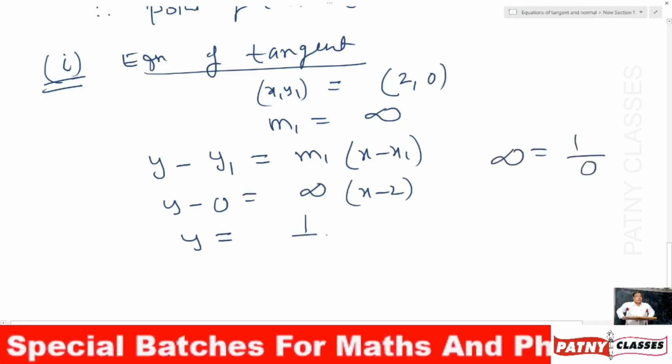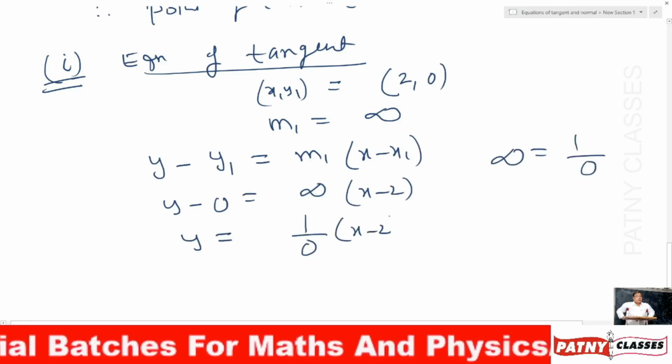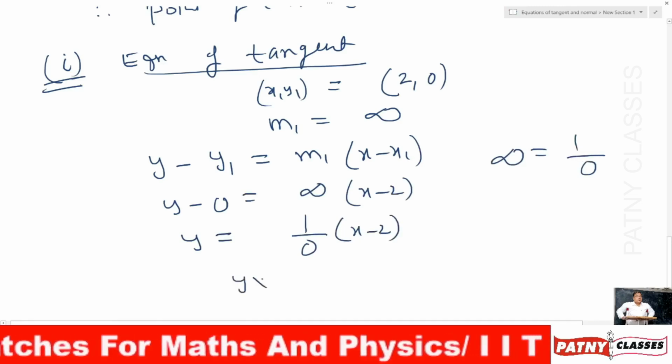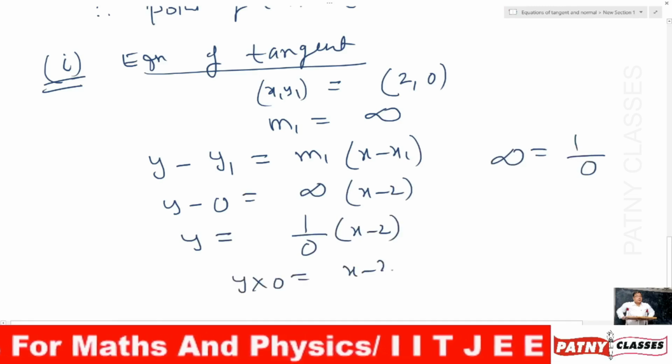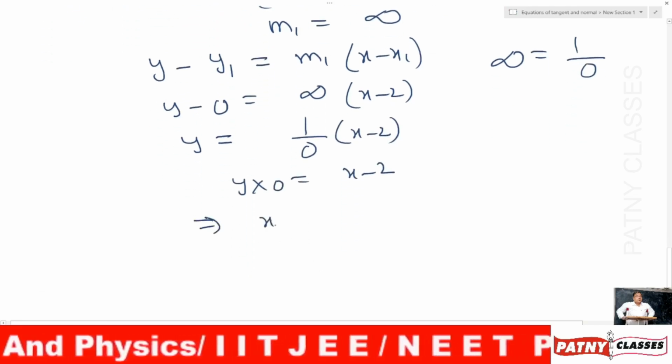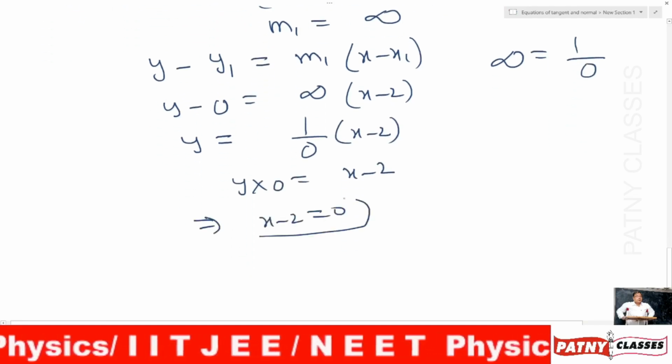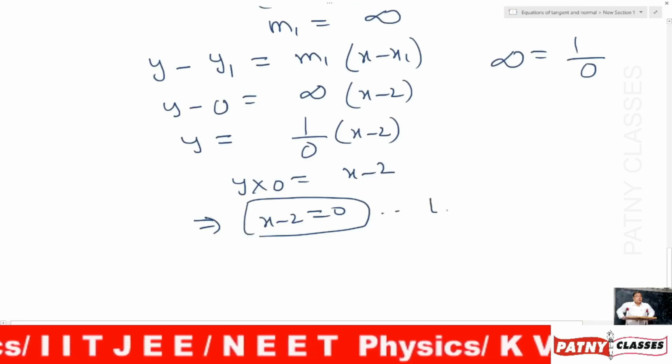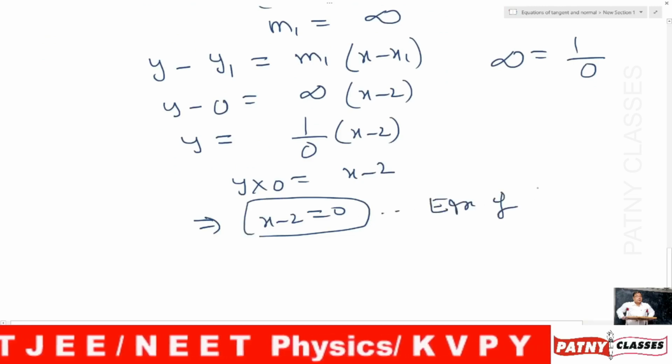So I have 1 upon 0 times (x minus 2). So y into 0 equals x minus 2, which implies x minus 2 equals 0. This is the required equation of tangent.